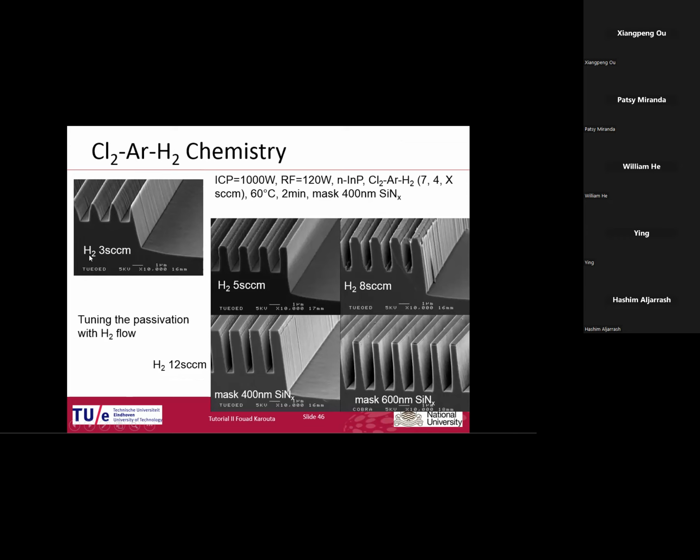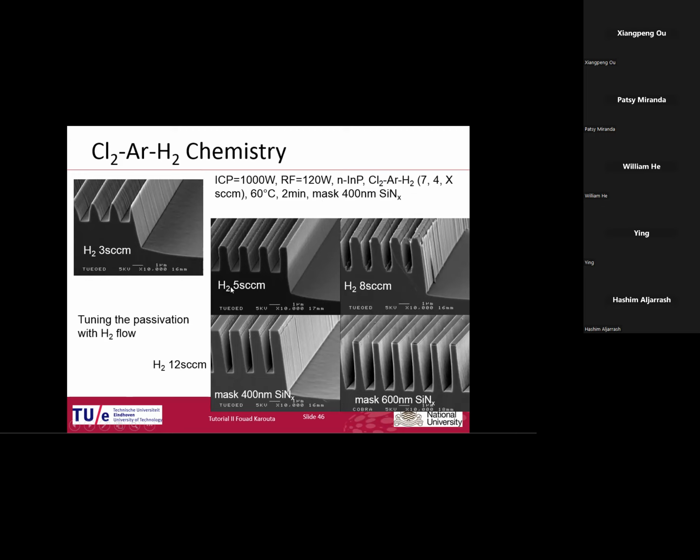At very low hydrogen, at 3 SCCM hydrogen in this process here, you get a bit of isotropic etch. So the mask has been completely removed and you obtain a pyramidal shape or cone.